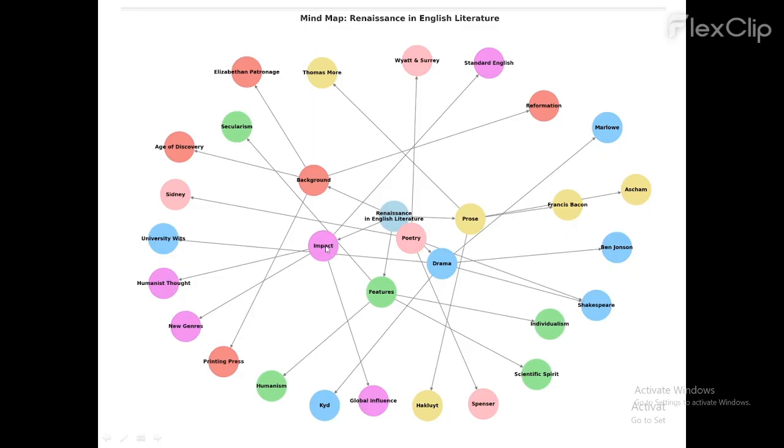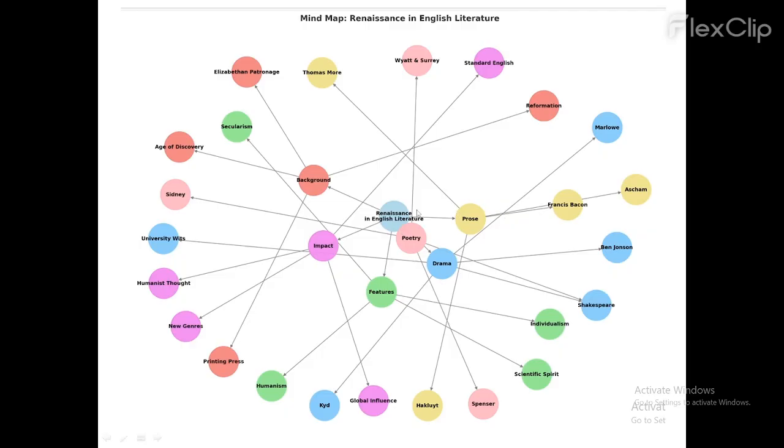Talking about impact of Renaissance, so you can see standardization of English, global influence, humanist thought. Features of Renaissance include individualism, scientific spirit, humanism, secularism. Prose writing during Renaissance, Thomas More, Francis Bacon, Robert Ascham, Hakluyt are some famous writers.